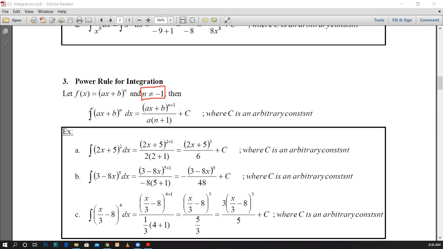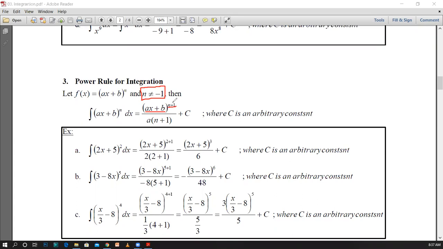If you need to get the integral of the form (ax plus b) to the power n dx, first you write the function as it is in the numerator, with the power increased by 1 unit, so it is written as n plus 1. Then, as before, you divide by n plus 1, the power which appears here.